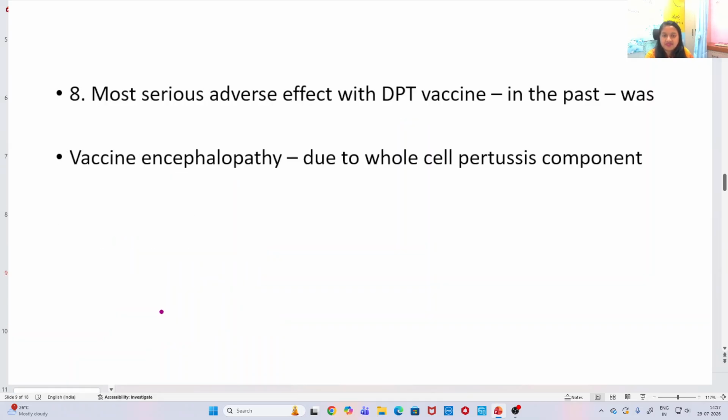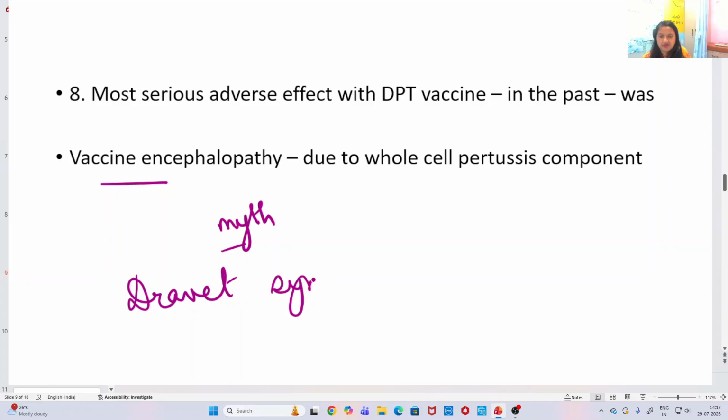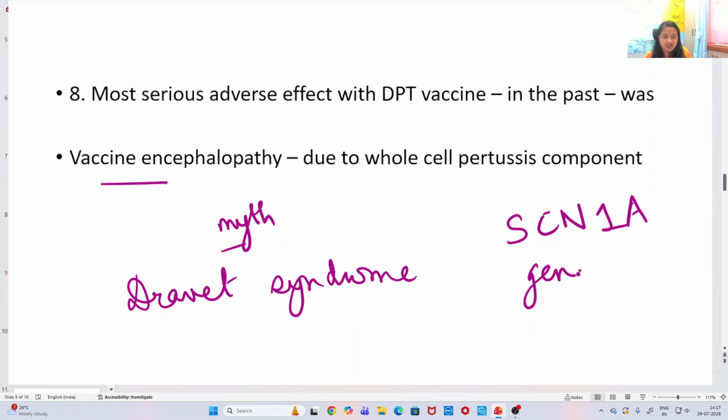Most serious adverse effect with DPT vaccine in the past was vaccine encephalopathy, but this was later found to be a myth, because basically the child had seizures because of Dravet syndrome. There was association found with Dravet syndrome, which is because of mutation in the SCN1A gene, with multiple seizures associated with fever.